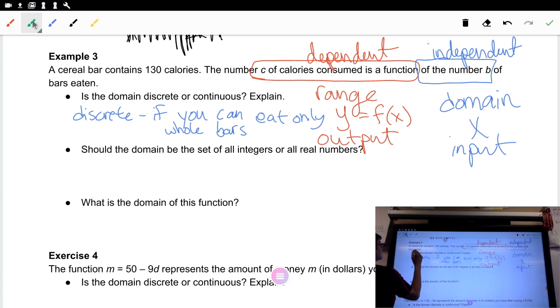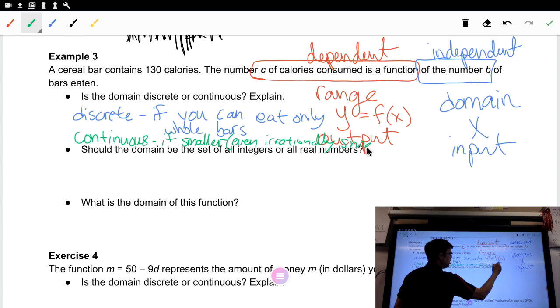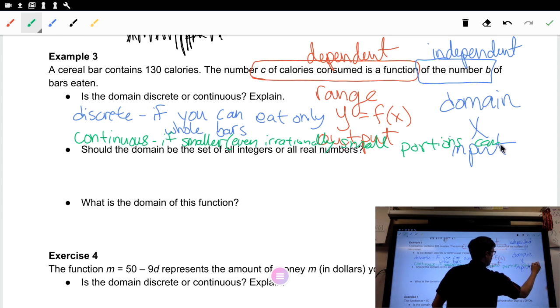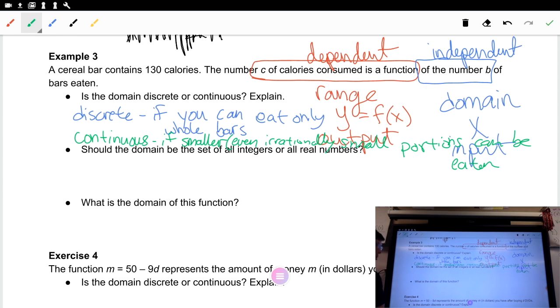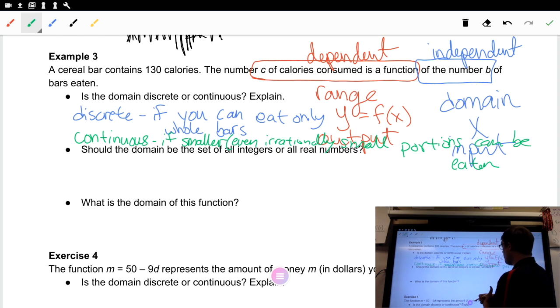But you could say that it's continuous if smaller, even irrationally small portions can be eaten. Okay. So therefore, should the domain be the set of all integers or of all real numbers?